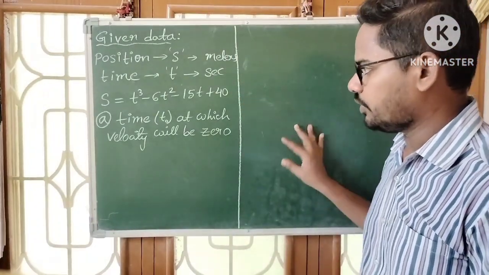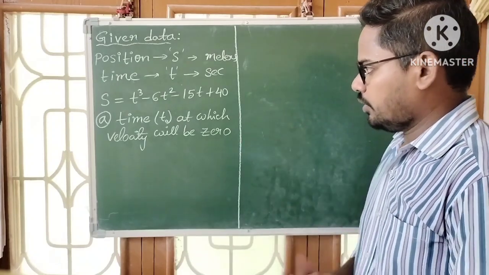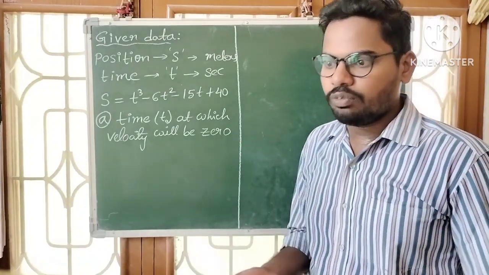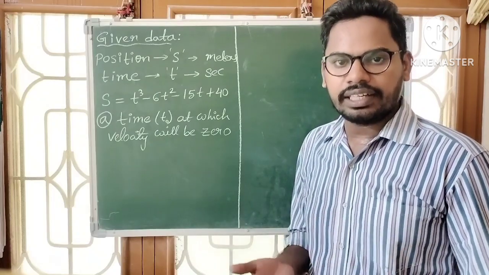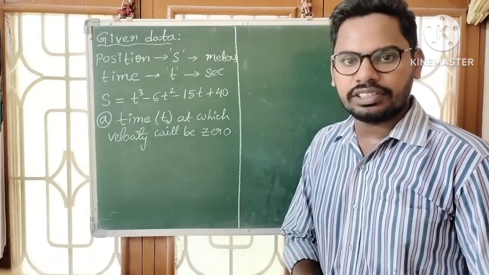This is my first question. We have to find at what time the velocity of the particle is 0.